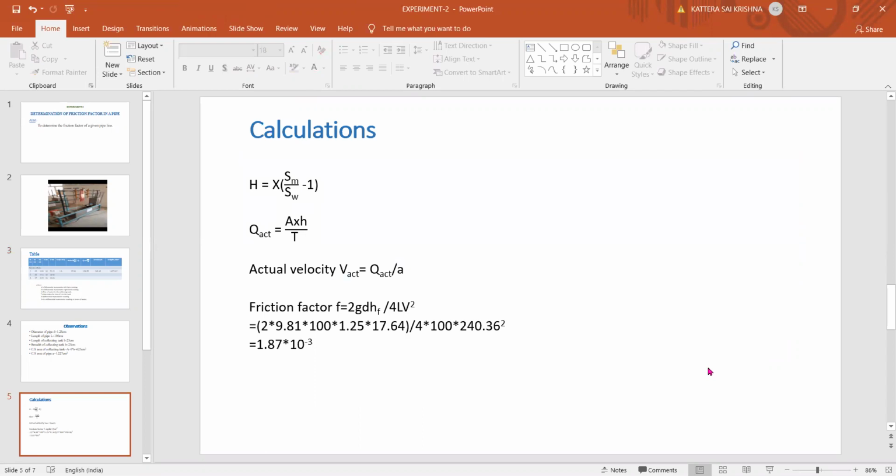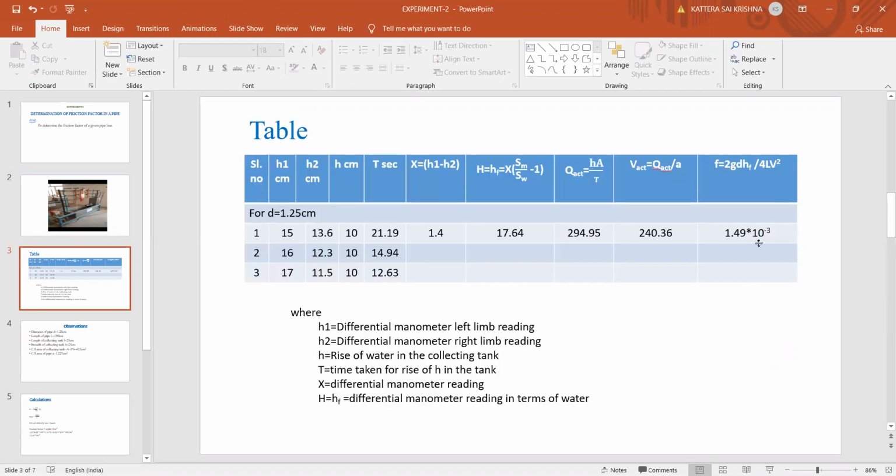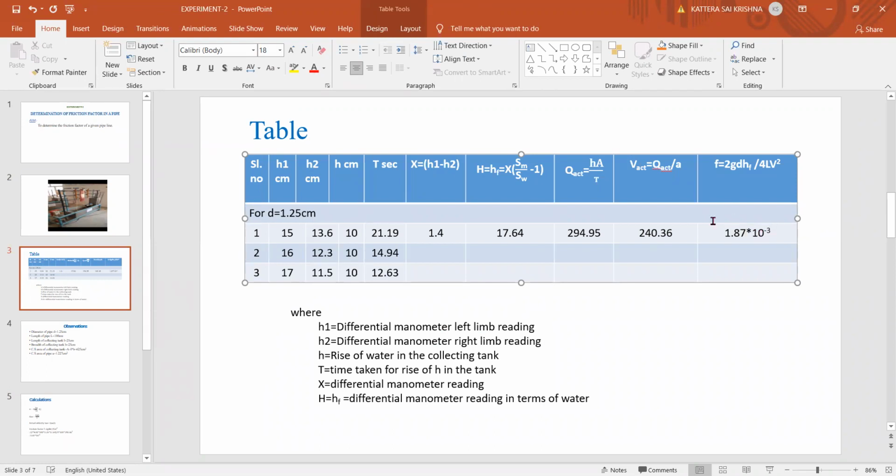Sir, getting 1.87 only, sir. 1.87 into 10 power minus 3. Okay. Yes sir, 1.87 sir. I forgot a D value sir for substituting. Okay, right. So 1.87 into 10 power minus 3 is the correct one. Check it properly, others.